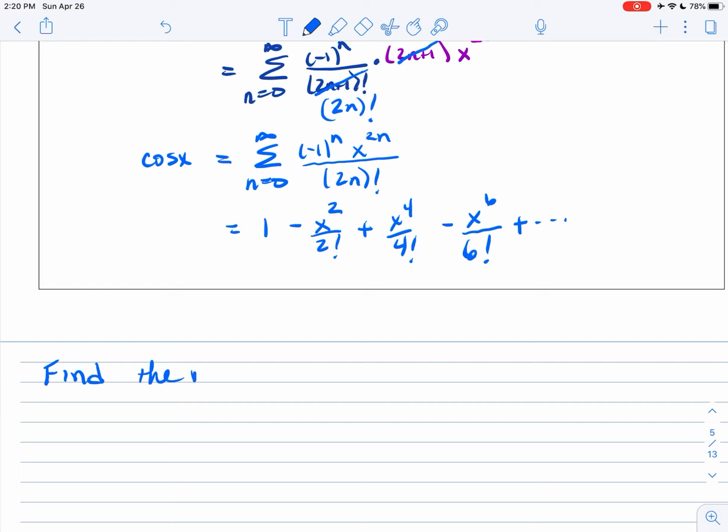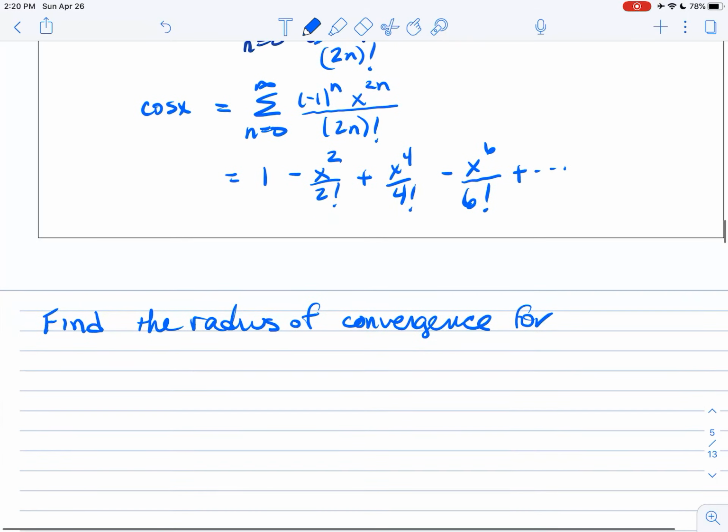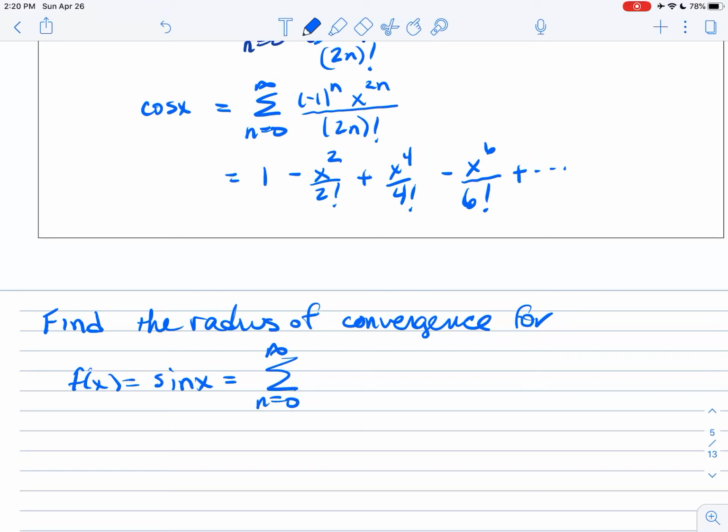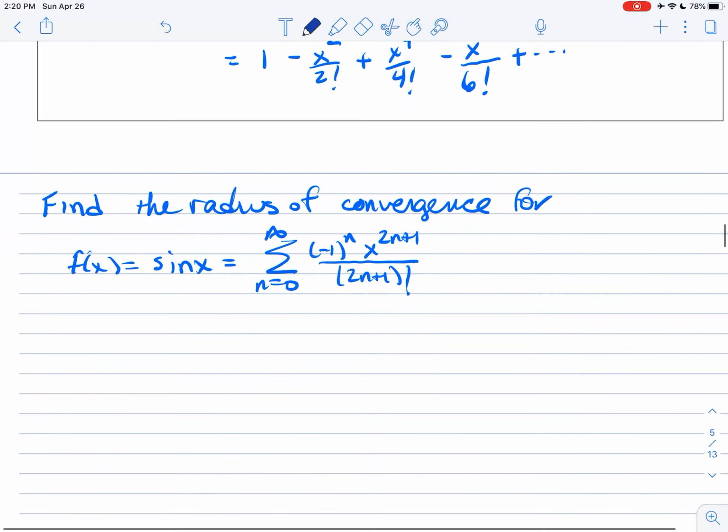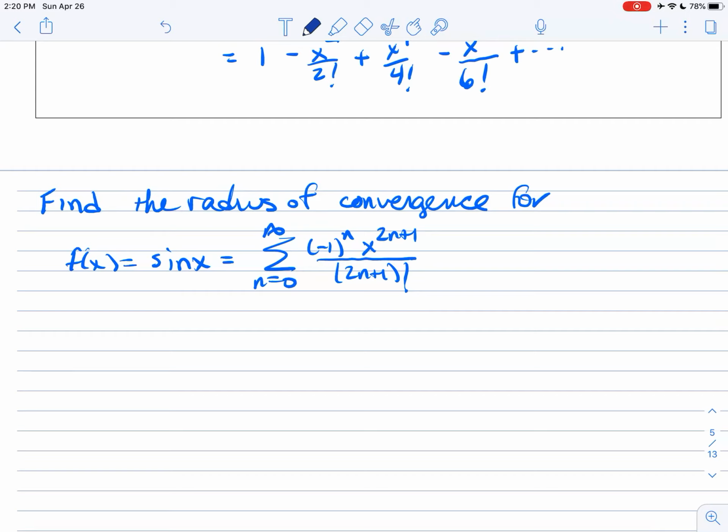So if I'm going to find the radius of convergence for f of x equal to sine x, which, if we recall, is the sum from n equals 0 to infinity of (-1)^n x^(2n+1) over (2n+1) factorial.